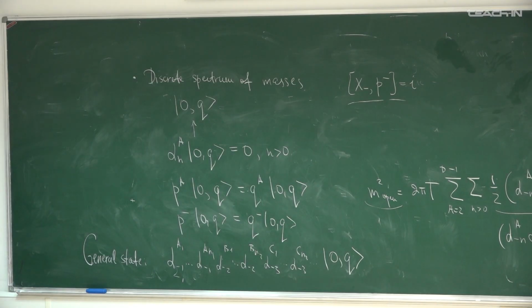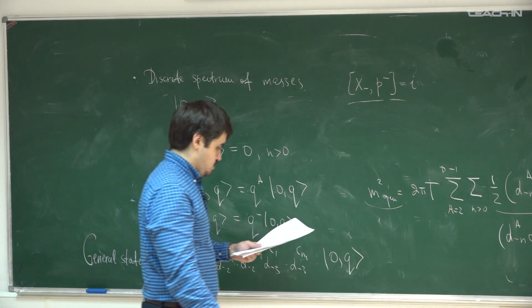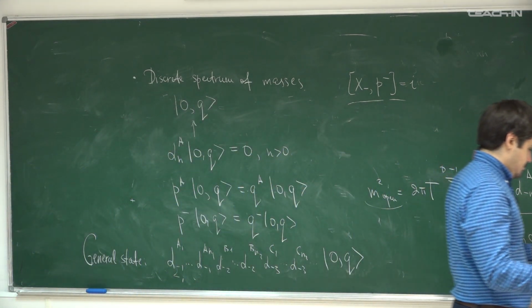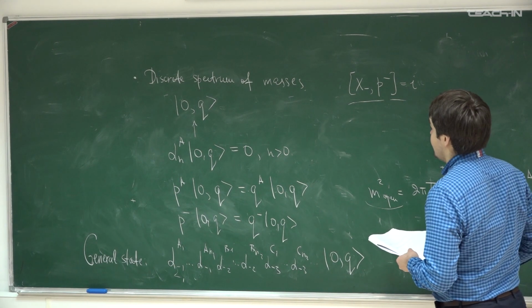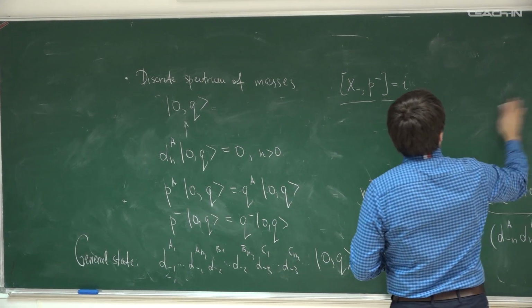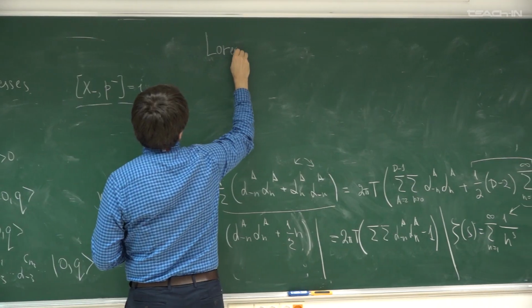So the next question is really checking the algebra, as we mentioned before. The algebra that we need to check is the Lorentz algebra. The question is, does this theory have Lorentz symmetry?